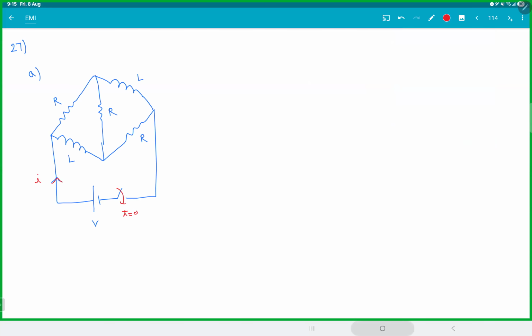Find the current at T0 and T infinity. Same story. Find the current in this branch at T0 and T infinity.